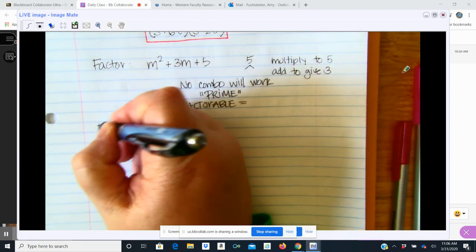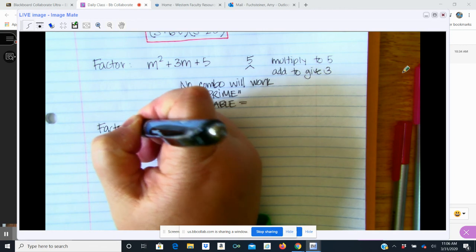Okay. The other piece in this chapter is factoring completely.